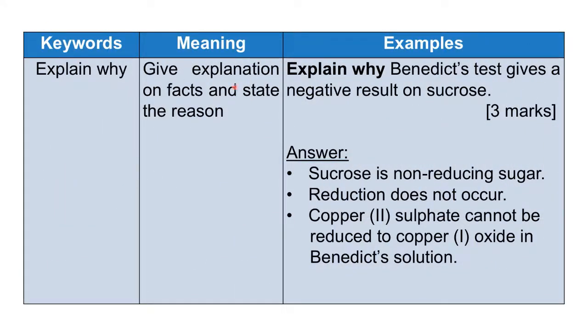Explain why. Explain why Benedict's test gives a negative result on sucrose. This is a 3 marks question. To answer this question, you need to give explanation on facts and state the reason. We look at Benedict's test. Think about the purpose to carry out Benedict's test. Benedict's test is the test to test the presence of reducing sugar.